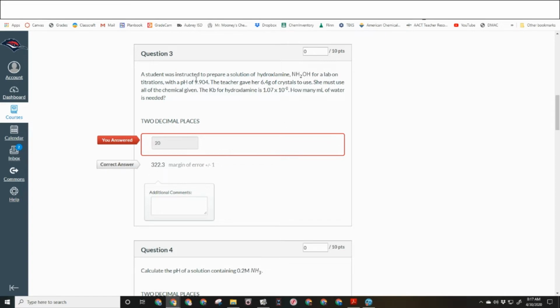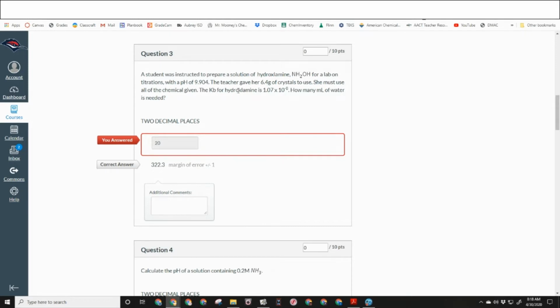All right, it says the student was instructed to prepare a solution of hydroxylamine, NH2OH, for a lab on titrations with a pH of 9.904. The teacher gave her 6.4 grams of the crystals to use, and she was instructed that she must use all of the chemicals that are given.